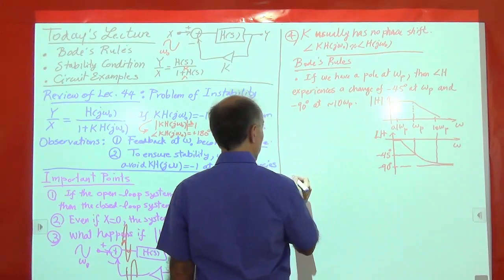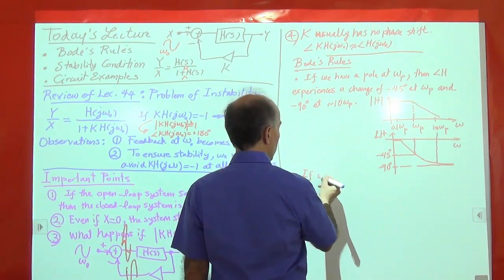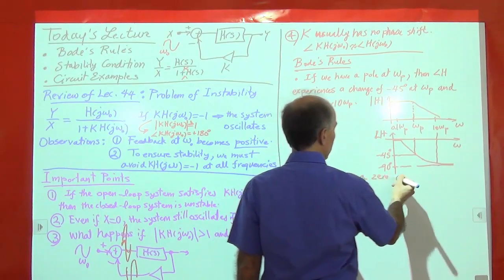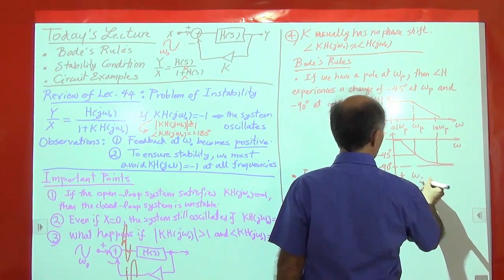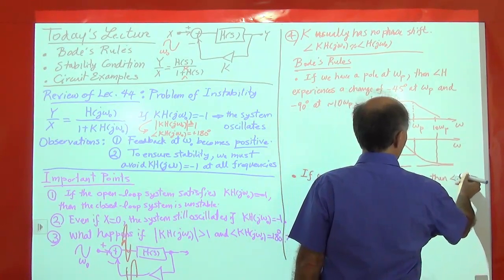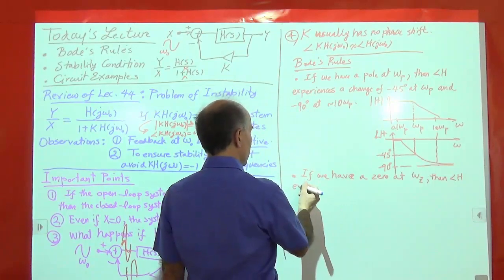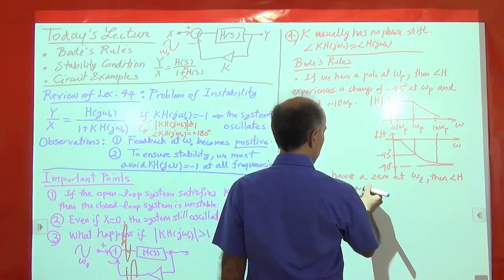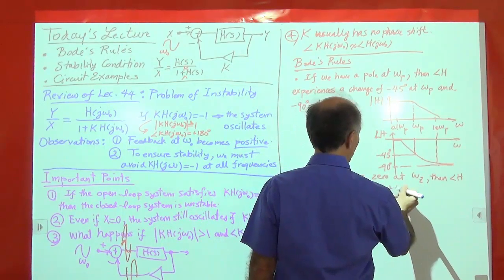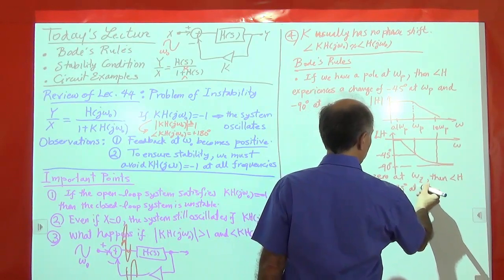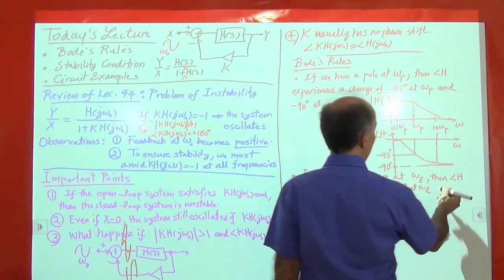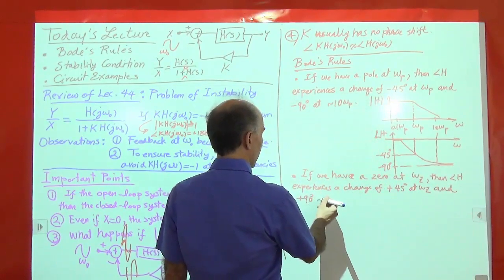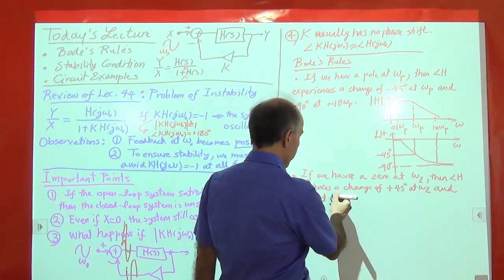For the zero it is the other way around. So if we have a zero at omega z, then the angle of H experiences a change of plus 45 degrees at omega z and plus 90 degrees at 10 times omega z.